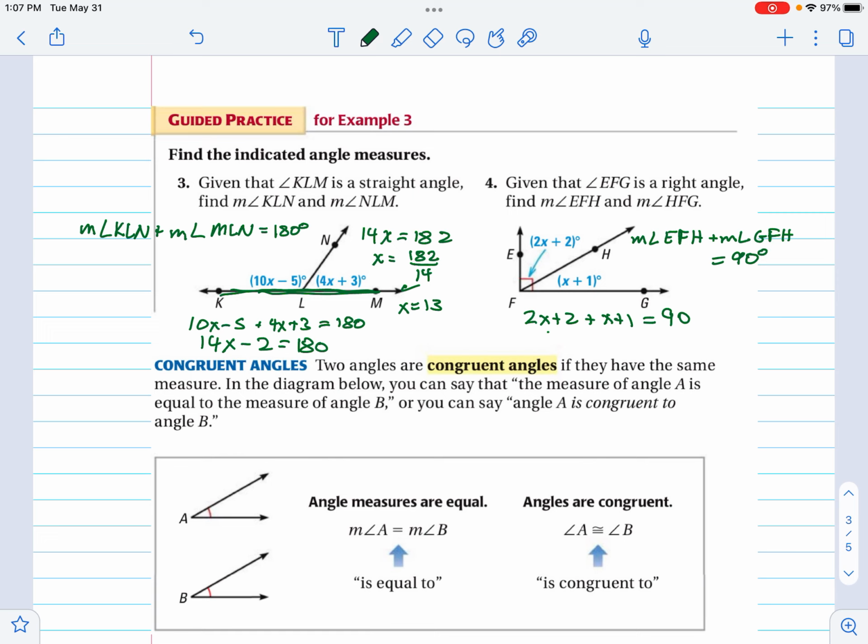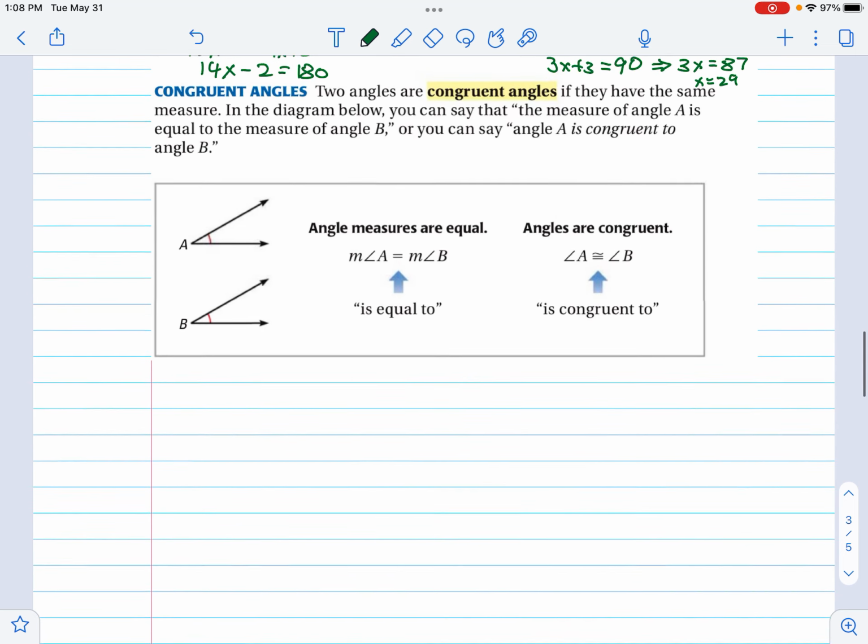So we just add these and we get 3x plus 3 equals 90. And that would give me that 3x is equal to 87, which would give me x is about 29. Yeah, 29. There we have it.